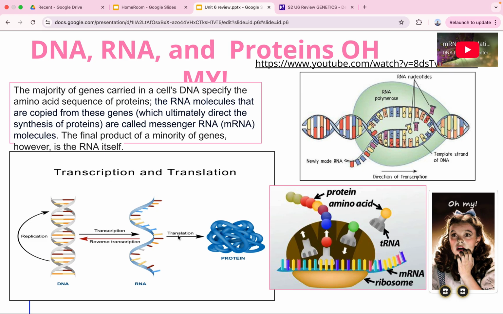And from there, it can either do reverse transcription, going back to DNA, or it can do another process with this one strand called RNA, that is translation, which makes proteins within our body.